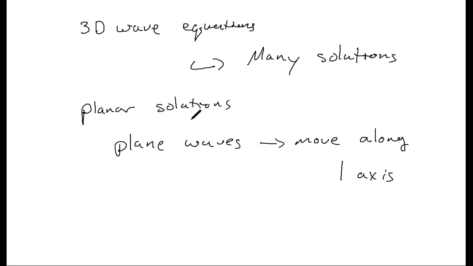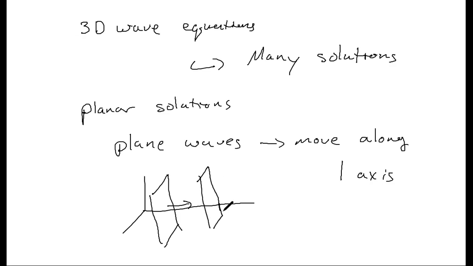So that's why they're called plane waves. We're looking at waves of constant intensity, where if I drew a sheet of constant intensity, it would look like a plane moving, say, to the right at the speed of light. So these are planar waves because the wave fronts look like planes.